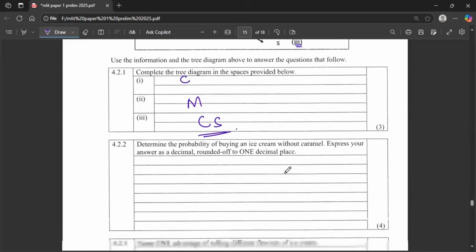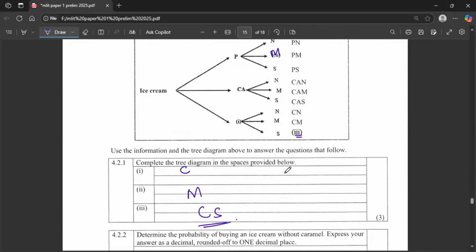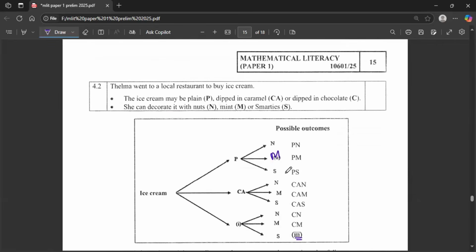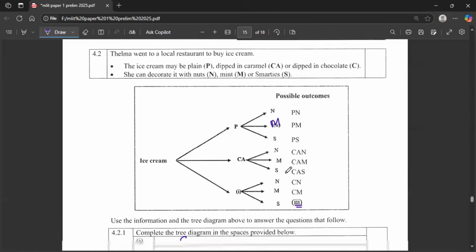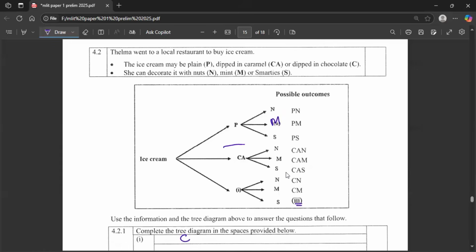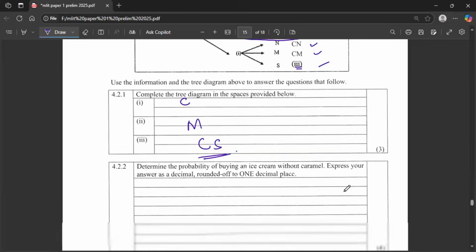Express your answer as a decimal. Now without caramel. Remember, caramel is this entire portion. So if all of this falls away, how many options do we have? So 1, 2, 3, 4, 5, 6. We have 6 options over the 9. Okay, ice cream without caramel.